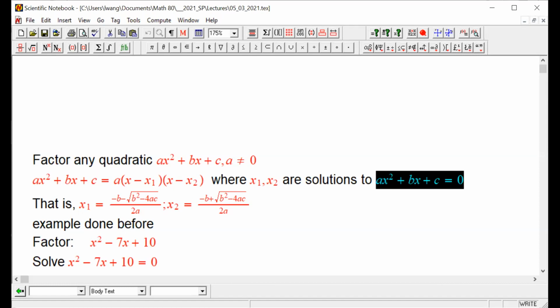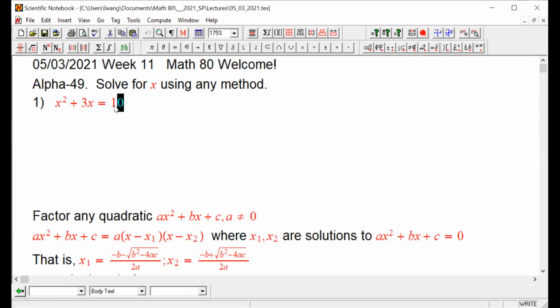But when the output is 10, we're going to modify the equation a little bit and make it equal to 0. So we're going to have an additional step, which is called the make 0 step. How do we make 0? Principle number 3, subtracting 10 on both sides. And that's going to be 0.